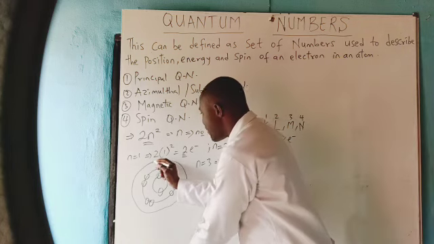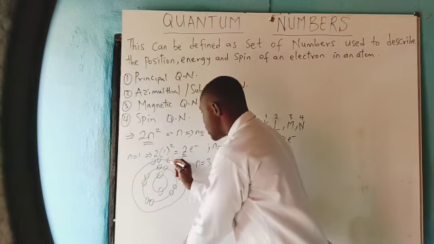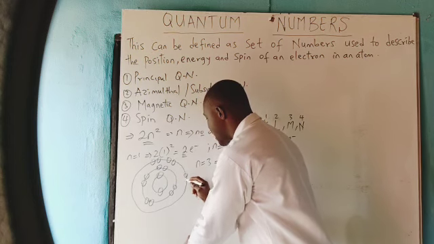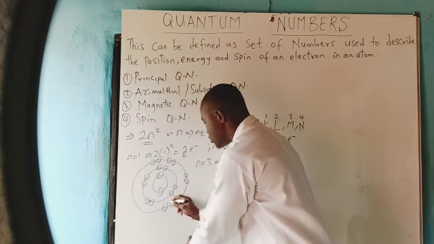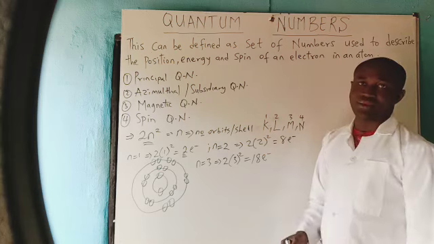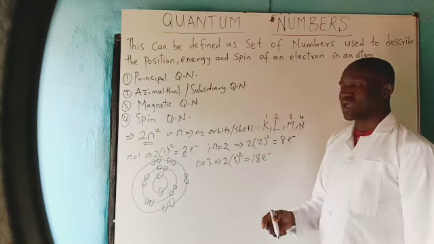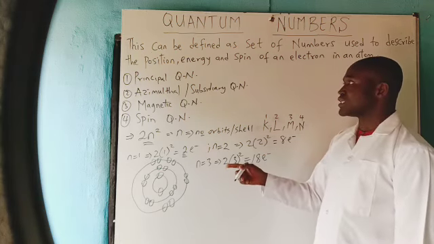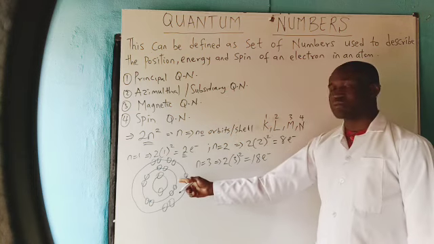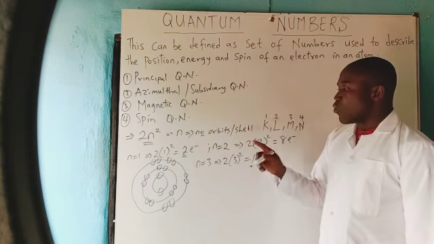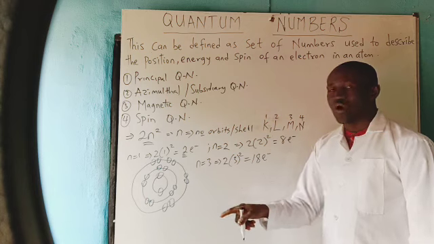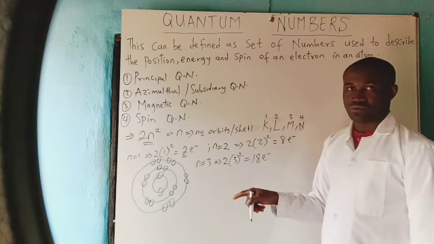If we go by that rule, the question is, what happened to the remaining 10? Where are we going to locate them? This is one of the things principal quantum number using this pattern did not explain: how to assign your full 18 electrons.